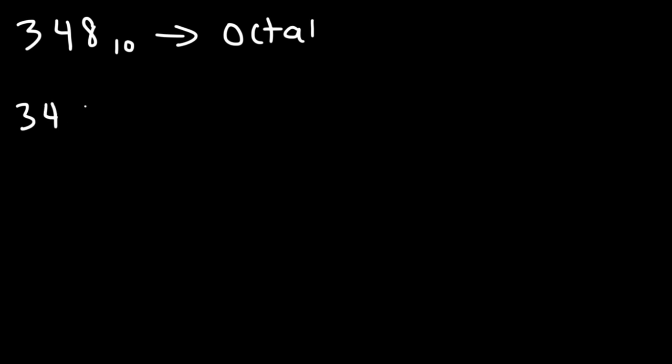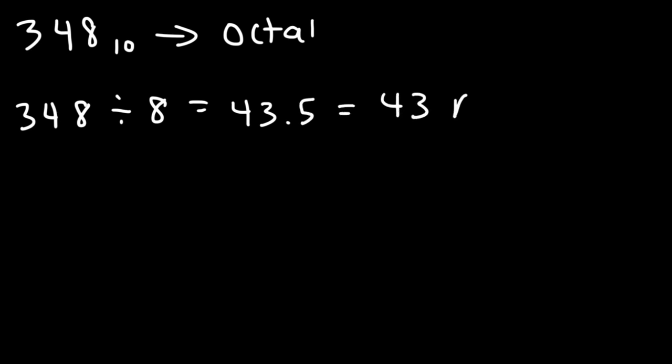So 348 divided by 8. That's going to be 43.5. So this is 43 remainder. Now to find the remainder, multiply 8 by 0.5. So 8 times 0.5 is 4.